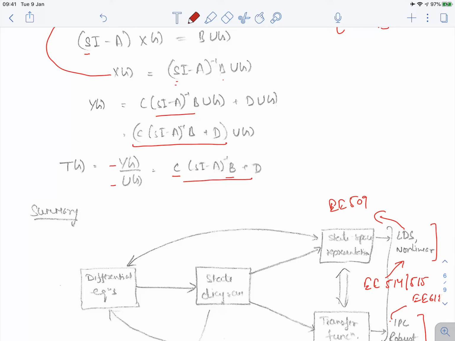Let's say if C is 0 or B is 0, in that case Y(s) over U(s) would become equal to D, and here D is a constant matrix, meaning to say that there are no dynamics between the input and output.